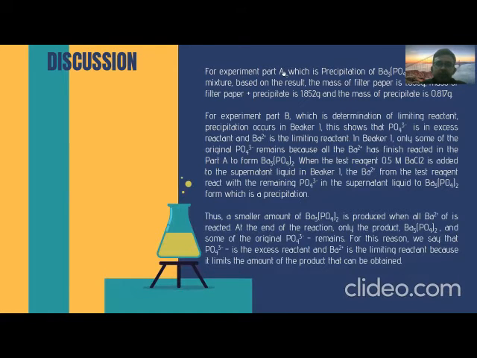I would like to present the discussion of experiment 5 chemistry, which is limiting reactant. For experiment part A, which is precipitation of Ba3(PO4)2, barium phosphate, from the salt mixture. Based on the result, the mass of filter paper is 1.035 grams, the mass of filter paper plus precipitate is 1.852 grams, and the mass of precipitate is 0.817 grams.